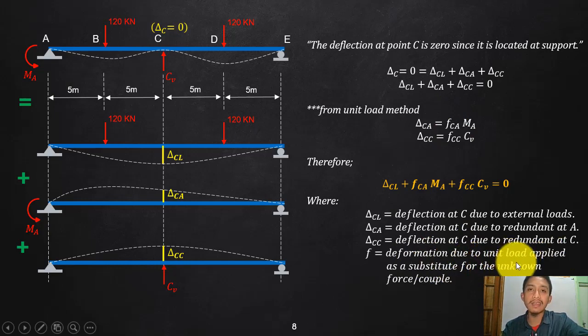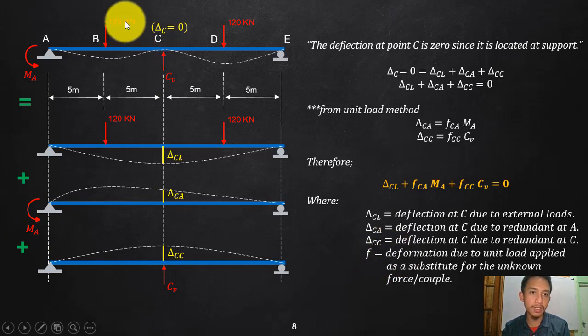So if the redundant is a force, then we will be applying a unit force. Follow the unit of your forces here. That is kilonewton, so we will apply 1 kilonewton. And if the unknown is a moment, we will be applying a unit moment.